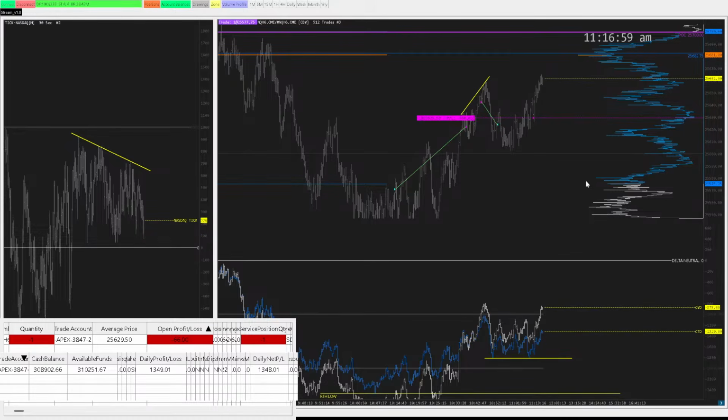So we have a little divergence here between price and order flow. Sometimes they resolve themselves, sometimes they don't.